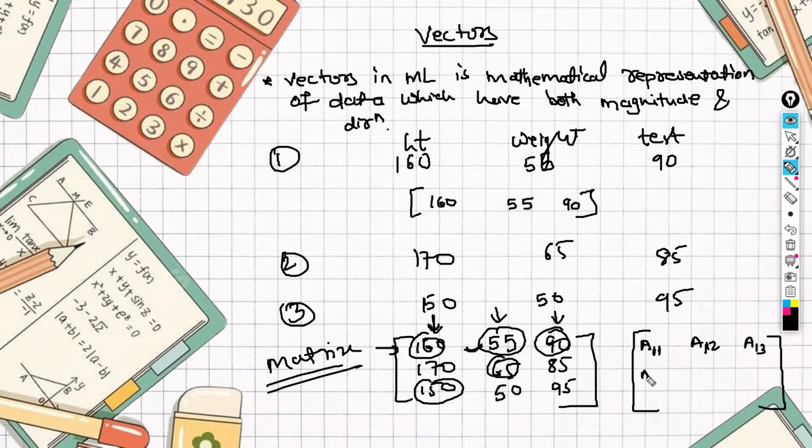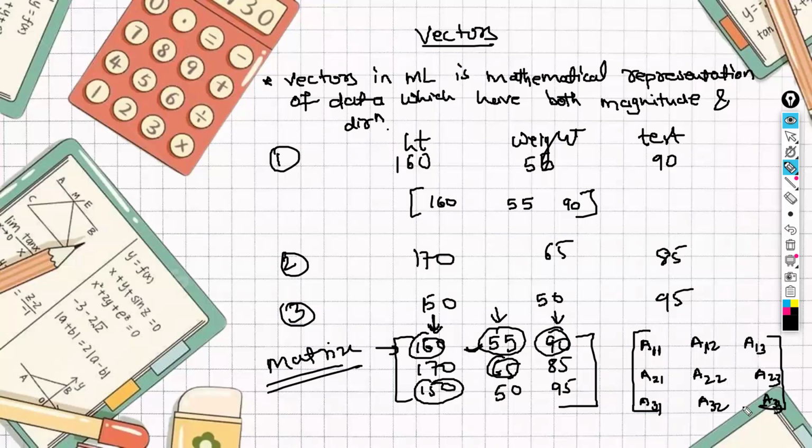Similarly for second row, first column. Similarly goes for 65, that it is in second row, second column. Similarly for 85 also, A23, and for all these elements, it will be written as A31, A32, A33.